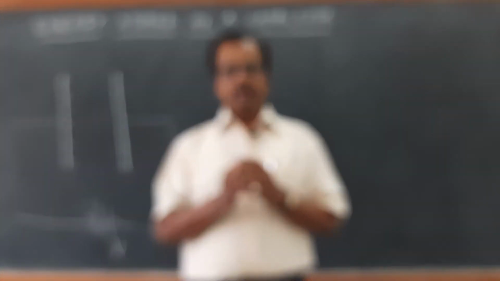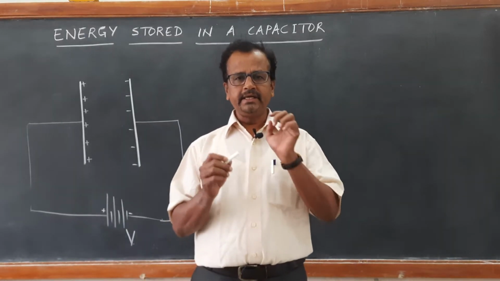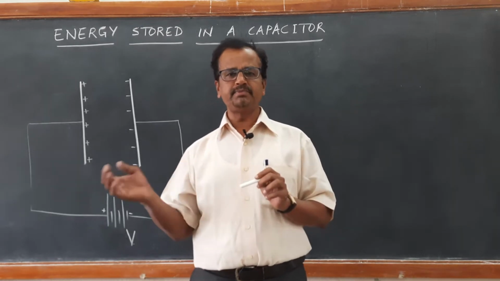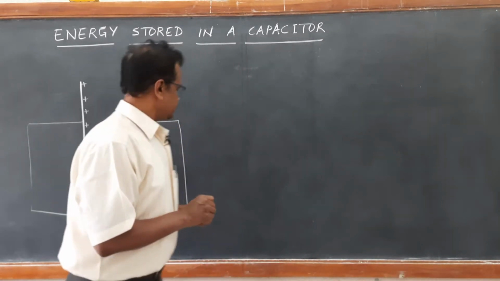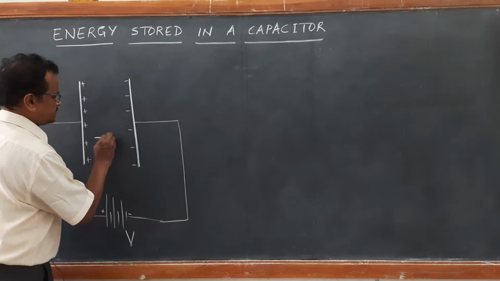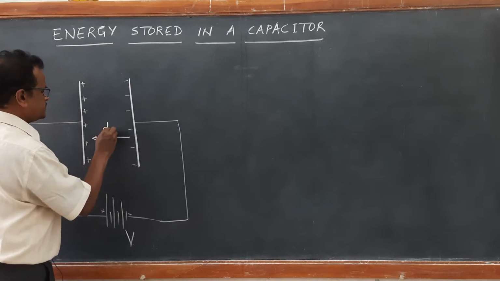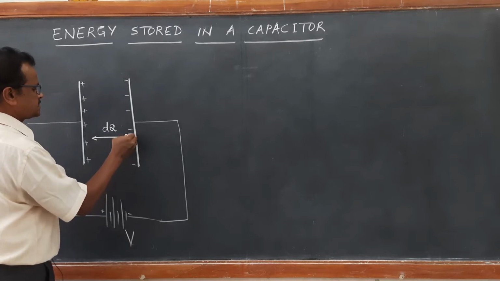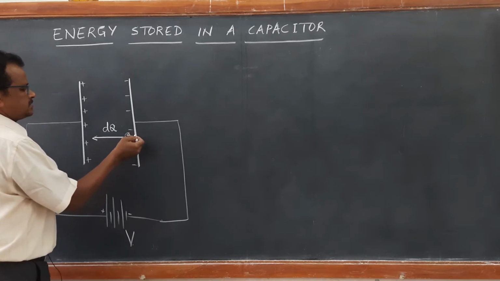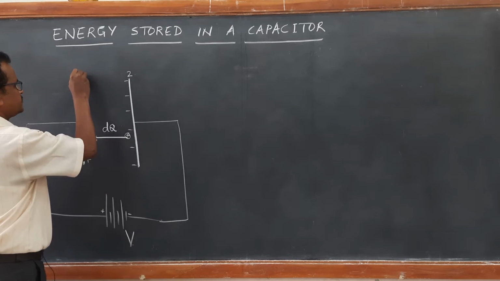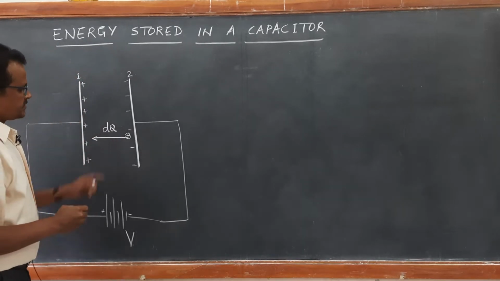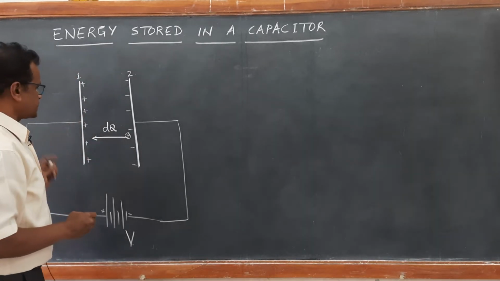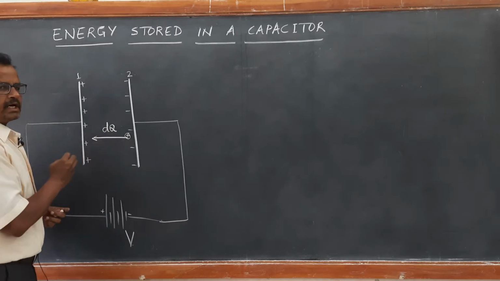Now, let dq be a small amount of charge that is being added from the second plate to the first plate, from the second conductor to the first conductor.